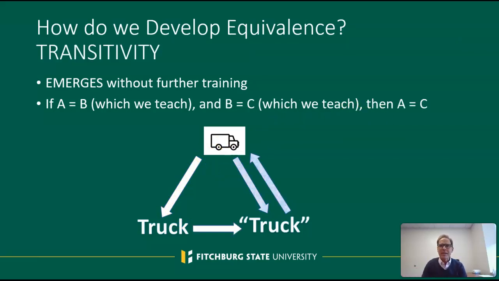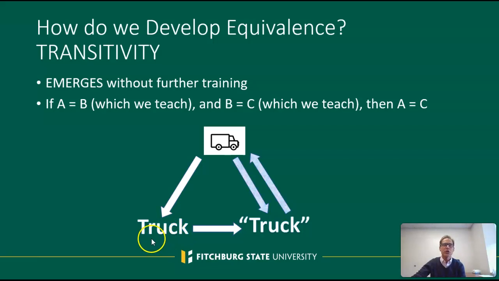And then finally, the key test for stimulus equivalence is transitivity, which again emerges without further training. We can think of transitivity as if A equals B, which we directly teach, and if B equals C, which we also directly teach, transitivity then is that A equals C and C equals A. So we directly teach the picture of the truck, matching it to the written word truck.